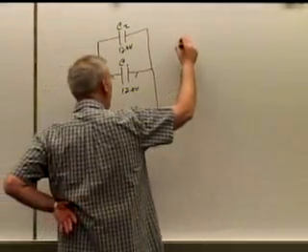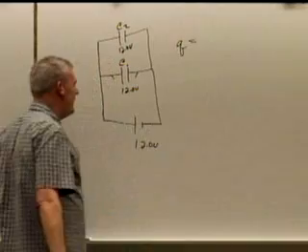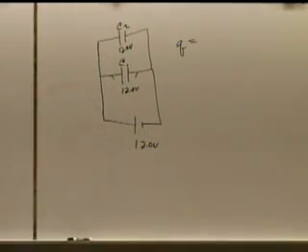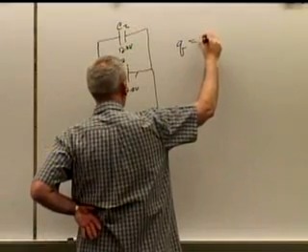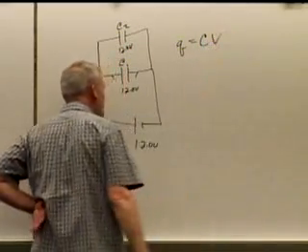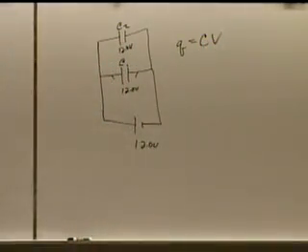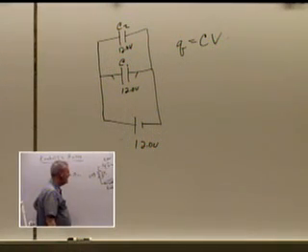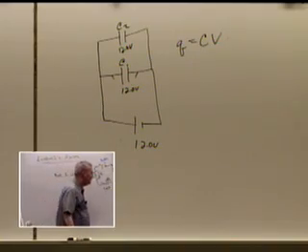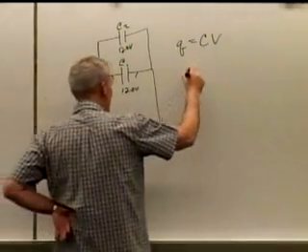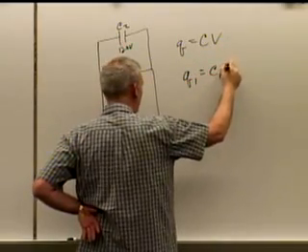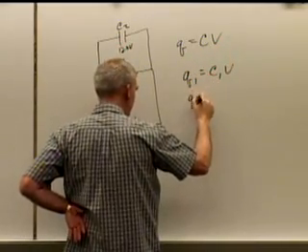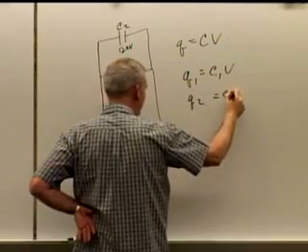Do you all remember? We kind of went over it. The amount of charge that's stored on a capacitor is equal to CV. Okay? So on C1, Q1 equals C1V, Q2 equals C2V.